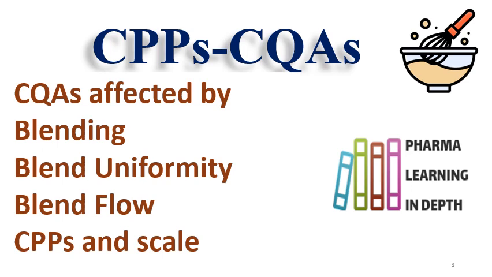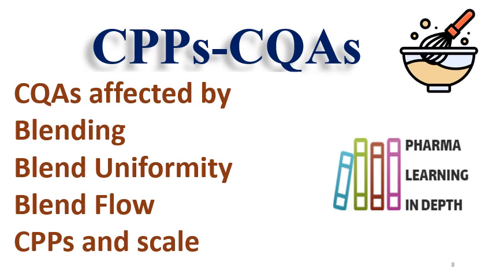So these are the important CQAs of the product which are affected by the CPPs of blending. So blend uniformity will have impact onto the CQA like content uniformity. Also blend flow will have impact onto the content uniformity. So the content uniformity is the ultimate CQA, and it is governed through the blend uniformity and the blend flow.